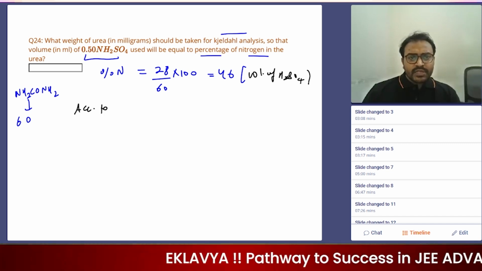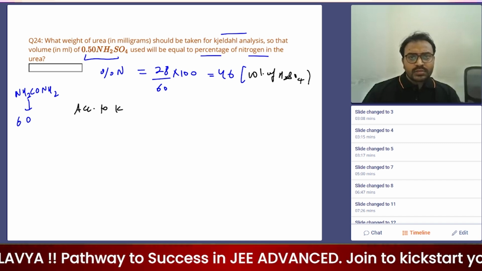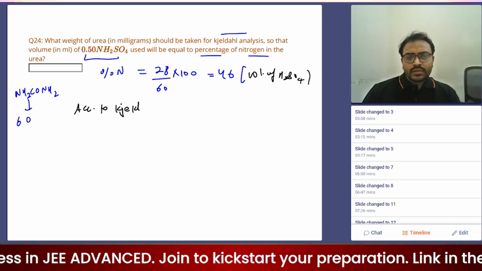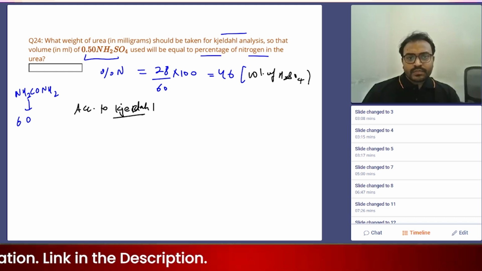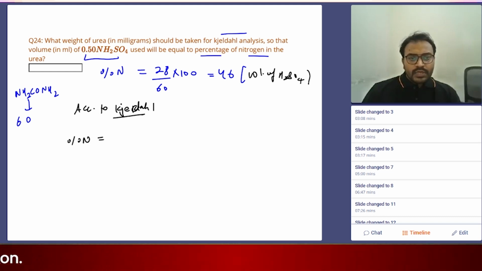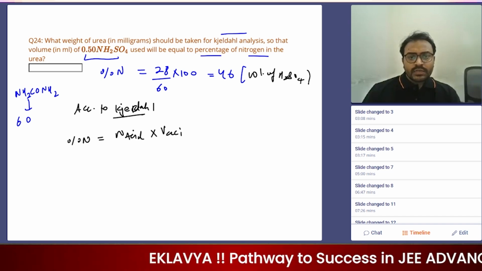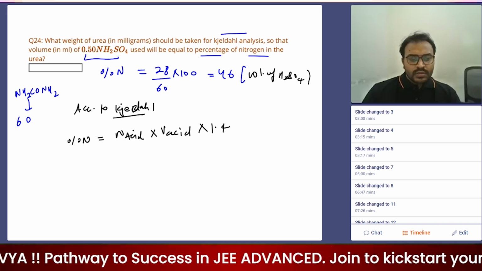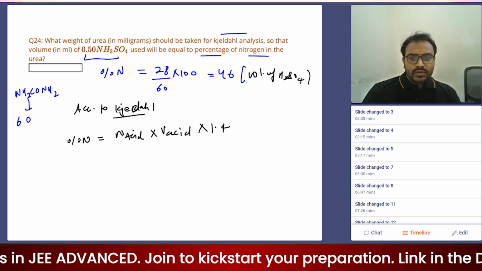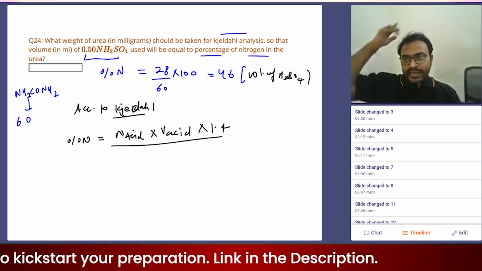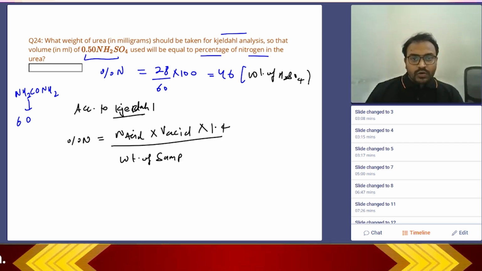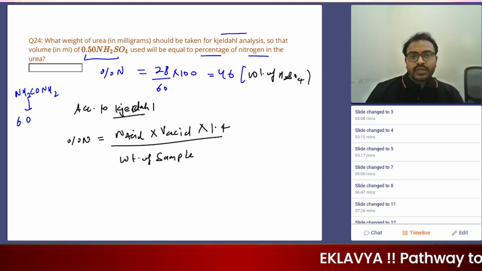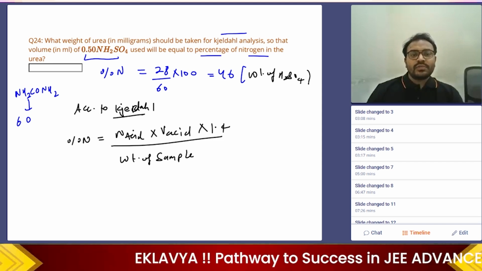Now according to Kjeldahl's method, there is a relation. Percentage of nitrogen will be equal to normality of acid multiplied by volume of acid multiplied by 1.4, divided by weight of sample. So the weight of sample we can find out from this relation.